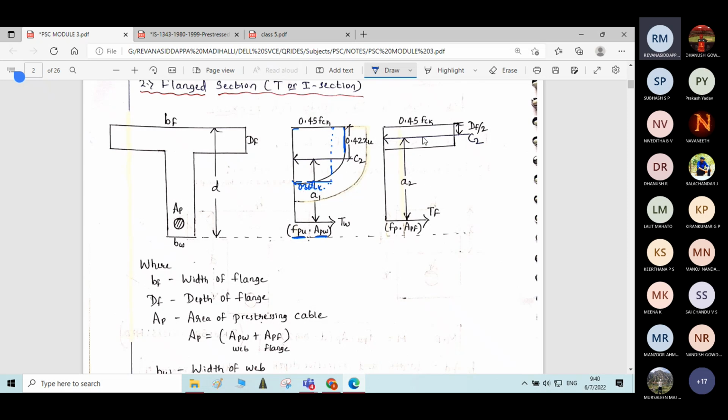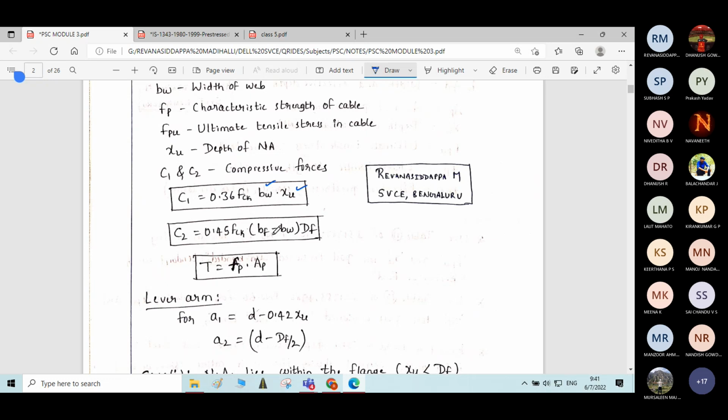Similarly, here I have written the stress block diagram for the beam with depth of neutral axis lies within the flange. If the depth of neutral axis lies within the flange, it will be a constant stress distribution. So 0.45 FCK into BF minus BW.